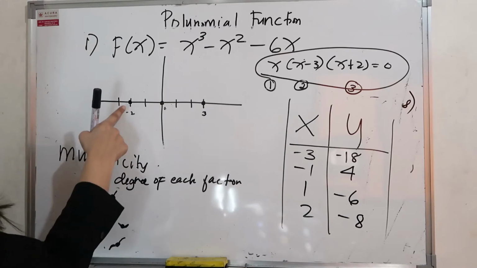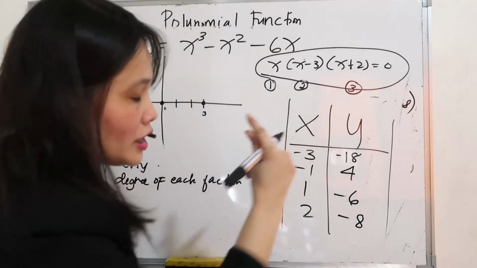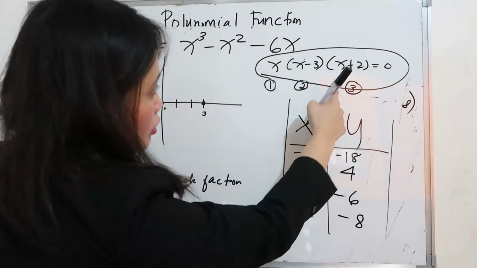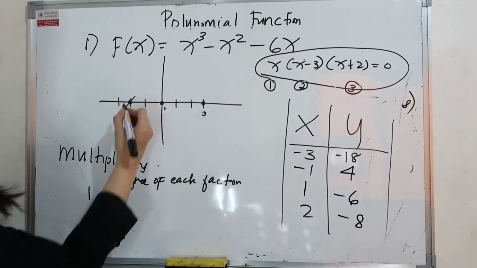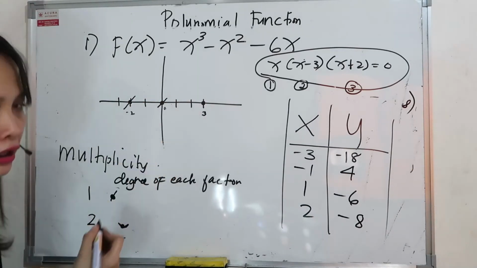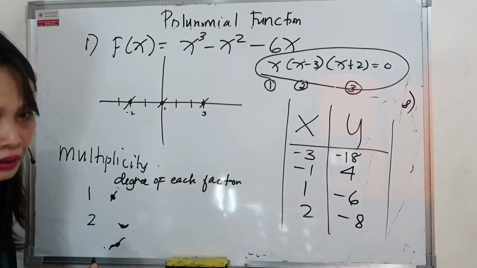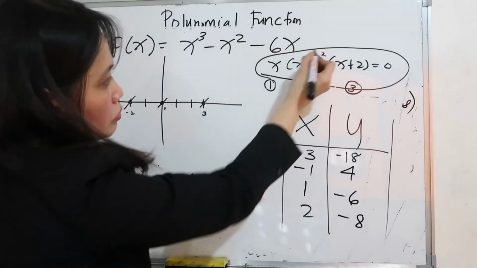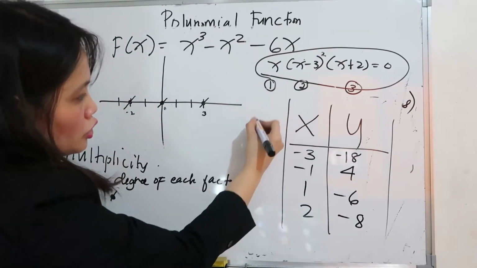So in here, if you have noticed, each factor has a degree of 1. This is 1, this is 1, 1. So how do we do that? Straight, or cross the point. Let's say the degree of this is 2, so x minus 3 raised to 2, so your x equals 3.